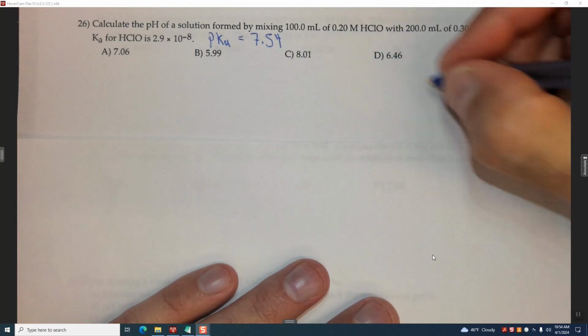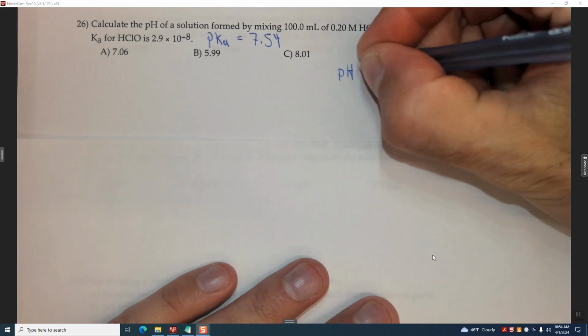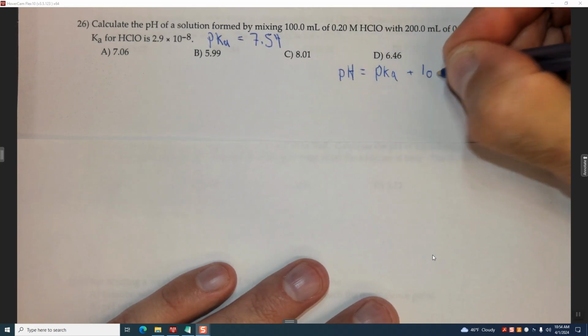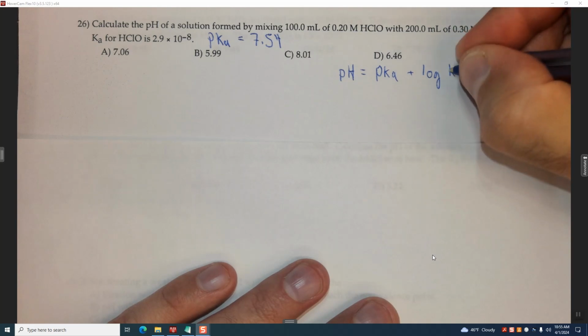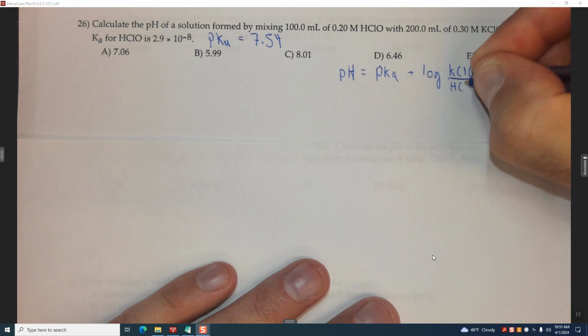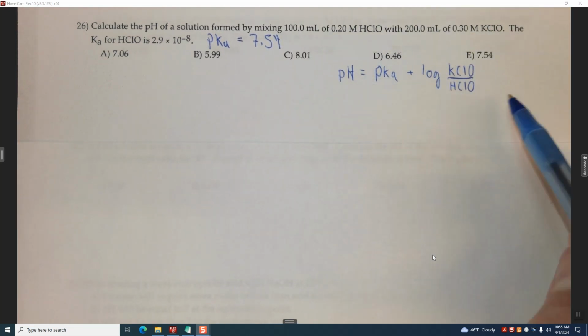So the pH is equal to the pKa plus the log of base, in this case KClO, over acid, in this case HClO. All right, so this is going to be our expression.